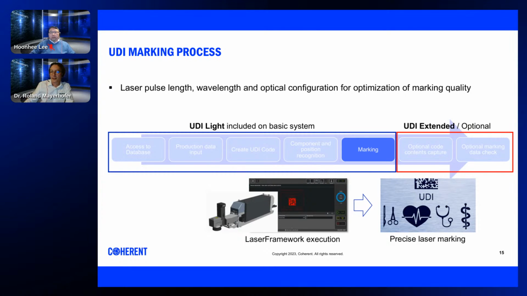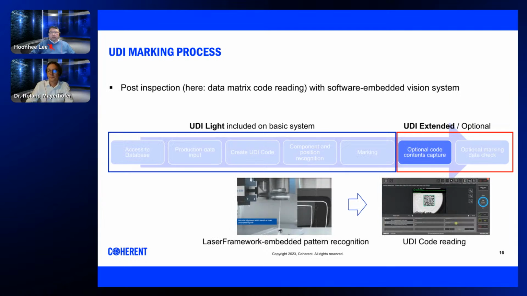And then we come to the optional extended UDI content. And the first step of this optional extended UDI content is the UDI code reading. So we are able to check what has been marked, if the content is the right one.